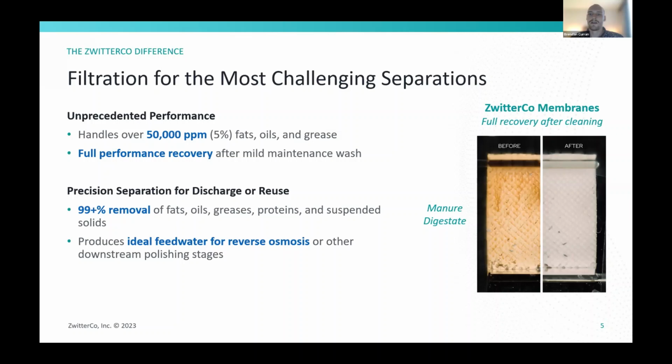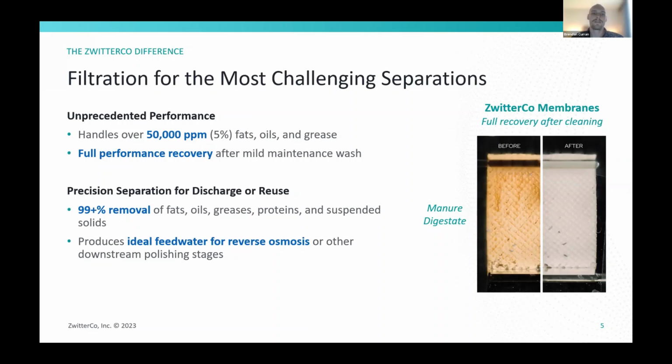It was run through our membrane for a day, and then they just did a water flush and used caustic, and they were able to get full performance recovery, which is really impressive for this membrane, because most membranes cannot handle that level of organics and then recover that well afterwards.